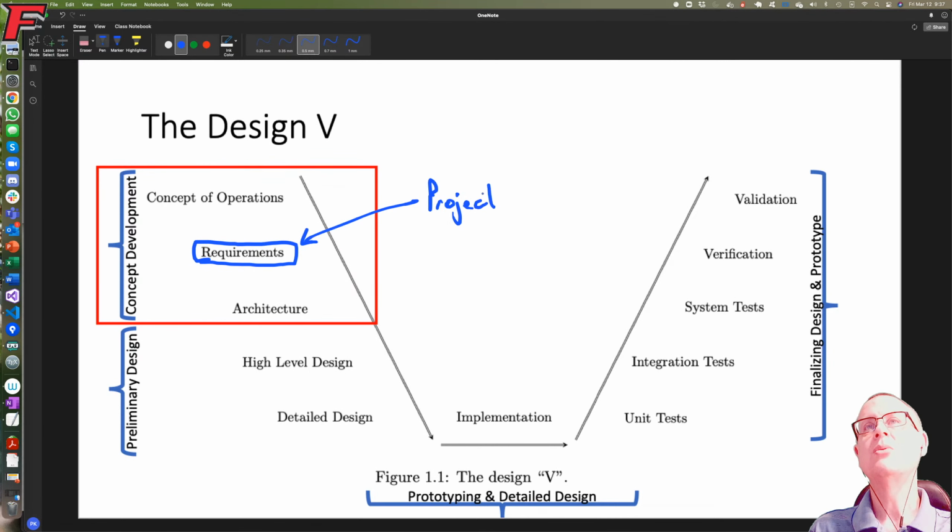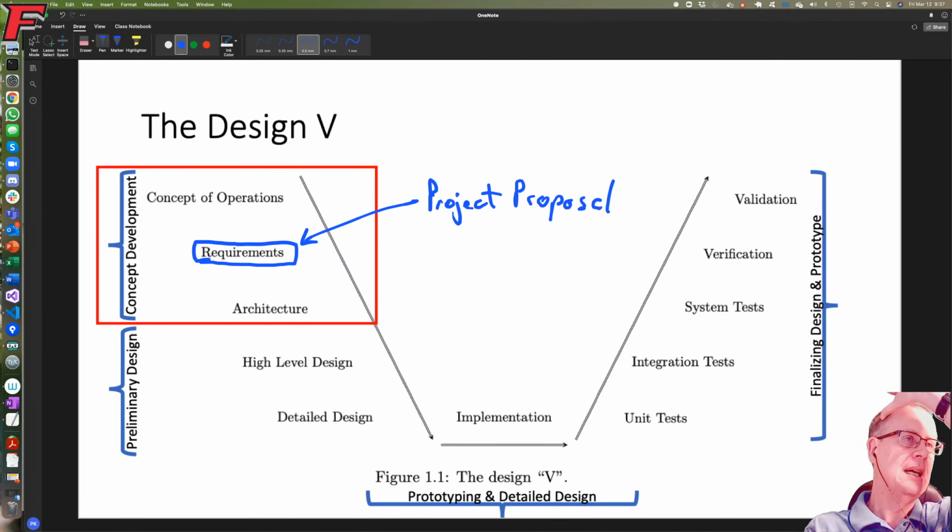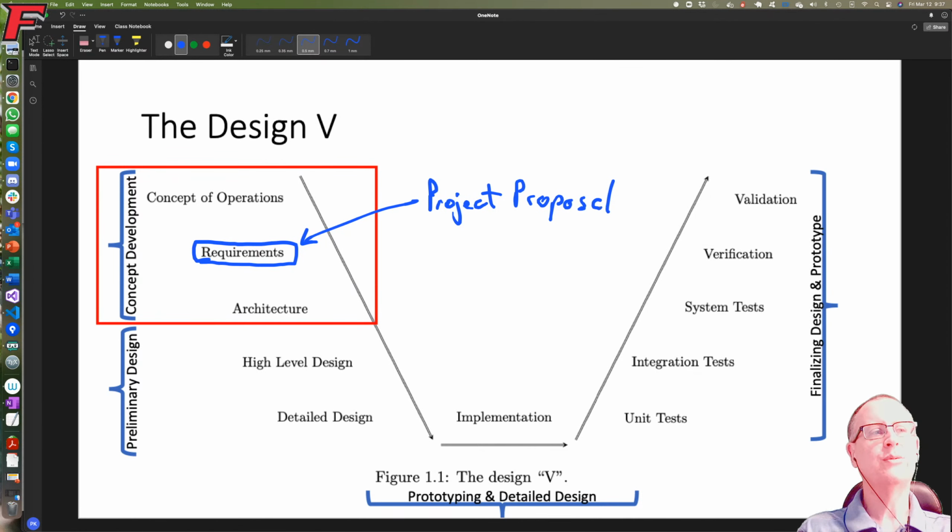I've asked you to do shall statements, and you all have. But we need to flesh some of those out a little bit more. And I talked about what goes into it previously, but I want to talk again after we've done the down select, what goes into that project proposal.